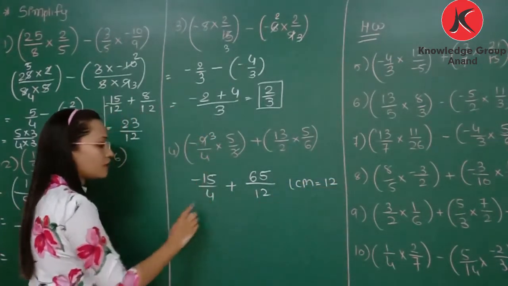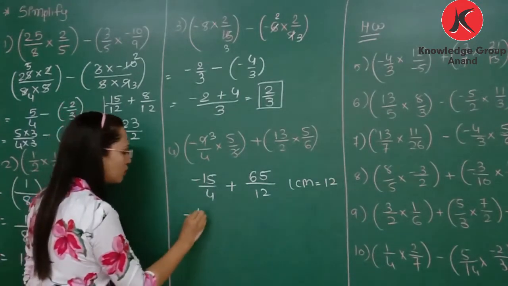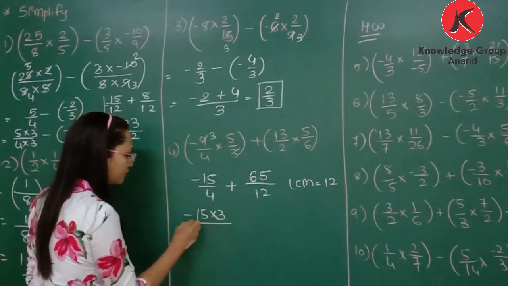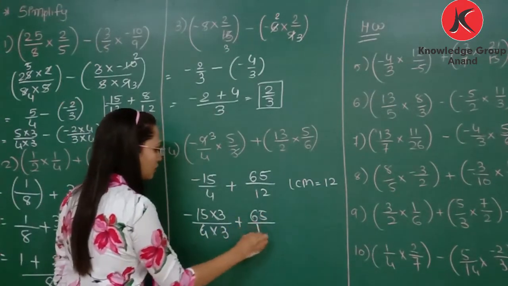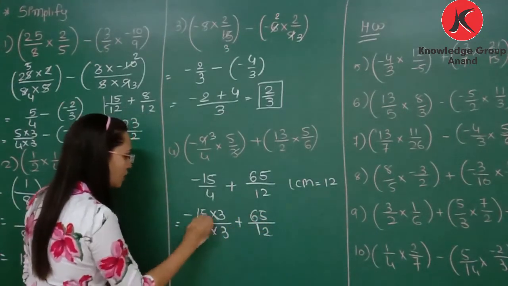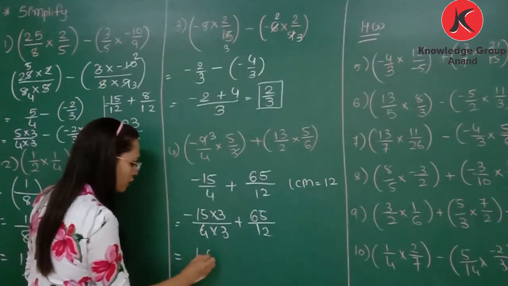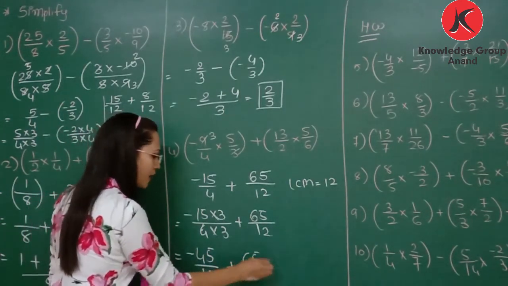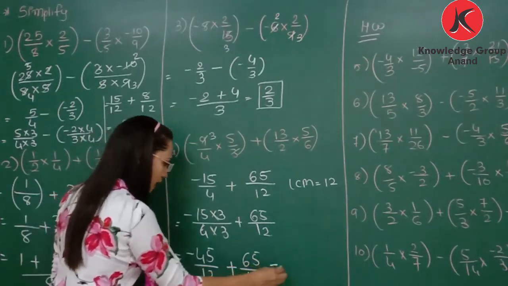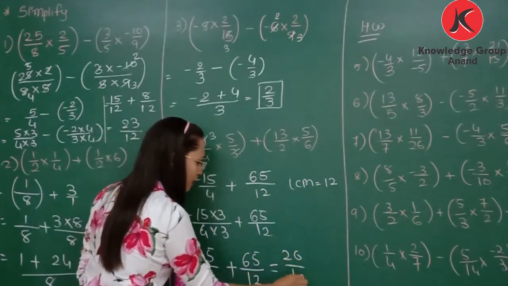So here 15 divided by 4 needs to multiply with 3. So here 15 3s are 45, but it is minus 45 divided by 12 plus 65 divided by 12. So we have here 20 divided by 12.